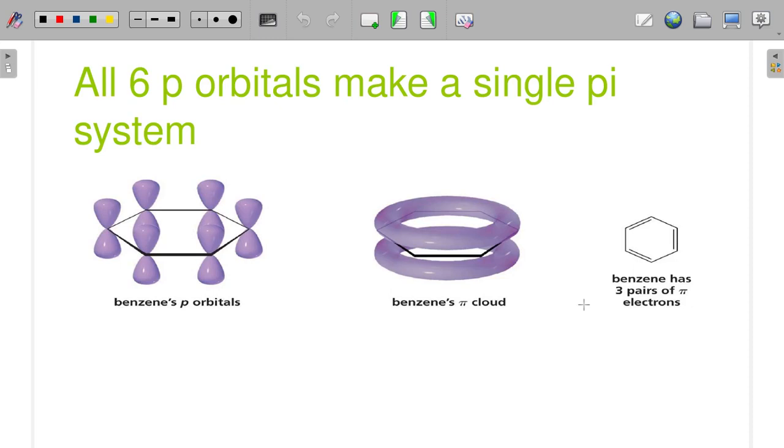Now, I did explain earlier that it's mostly a ring, and we're going to say that still is the case, that the p orbitals of benzene form a system that makes up that pi bond. And we're going to say that's exactly what happens here. All right, but let's do some terms, see if we can make sense out of why that is.